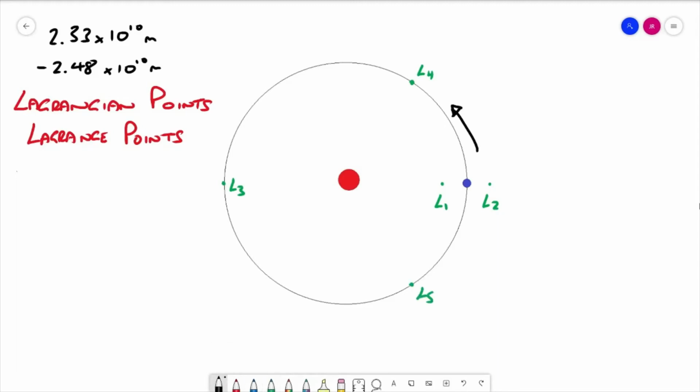Now L4 and L5 are in a position that if we drew a line from the sun to the point, from the point to the planet, and then from the planet back to the sun, that triangle that I've drawn there would be an equilateral triangle, and exactly the same for L5 down here. Those two would both be equilateral triangles.